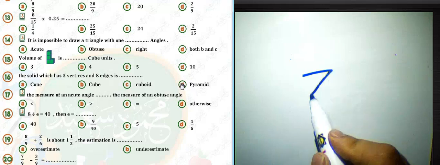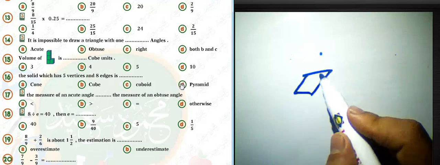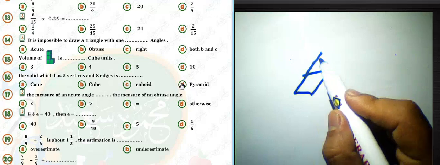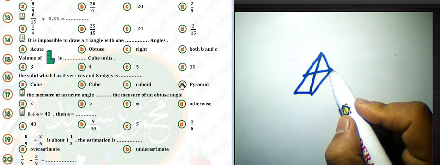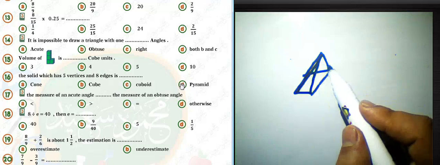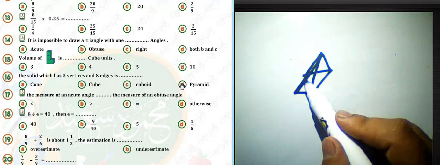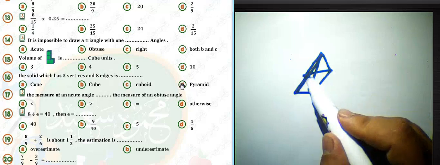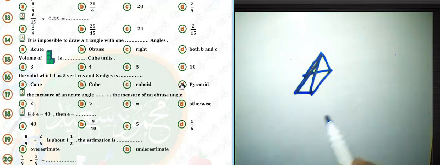Do you know why? Because if we draw it, the base is a quadrangle with 4 sides, such as a square. We get 1, 2, 3, 4, 5, 6, 7, 8 edges, and how many vertices? 1, 2, 3, 4, 5, 5 vertices.